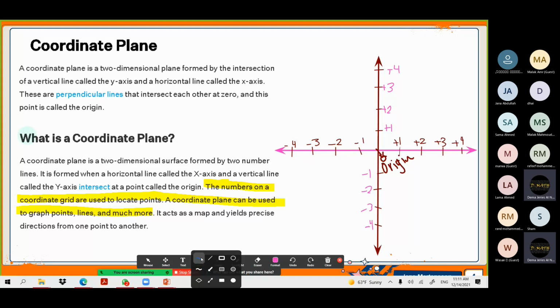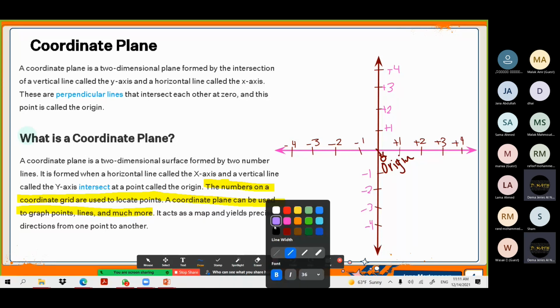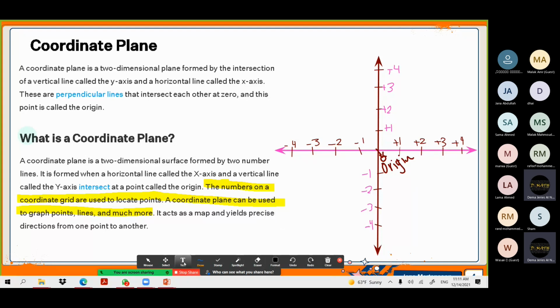So two number lines, they are intersecting now. Since they are in the coordinate plane now, I will change their names. The horizontal one, its name will be the x-axis. So I will not say now vertical or horizontal number line. I will change its name now. It's the x-axis line.